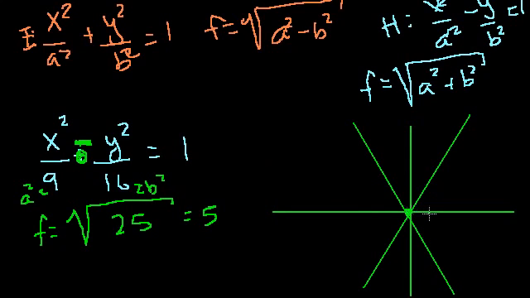So this is the center. The two vertex points are at 3 and minus 3. And then the focal points are going to be 5 to the right of the center, so right here. That's 5, 0, and minus 5, 0. This is minus 3, and this is 3. So if we were to graph it, it would look something like this.